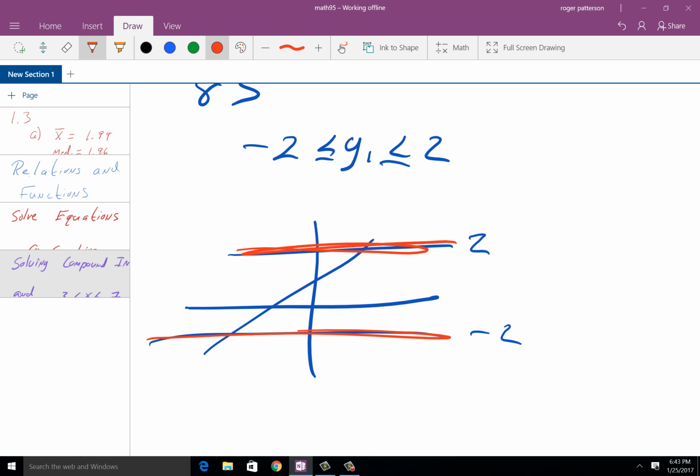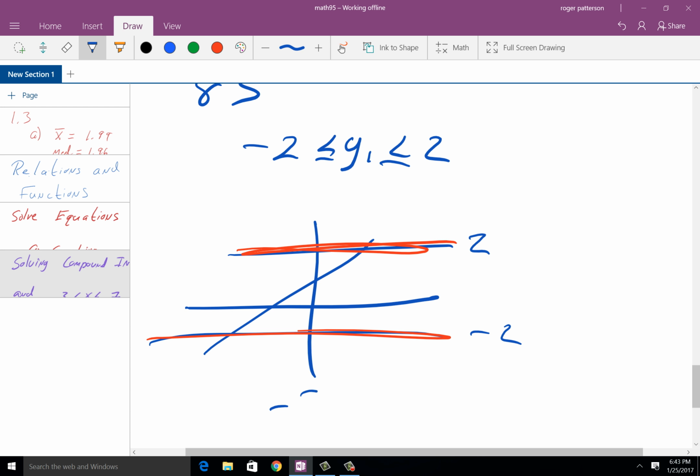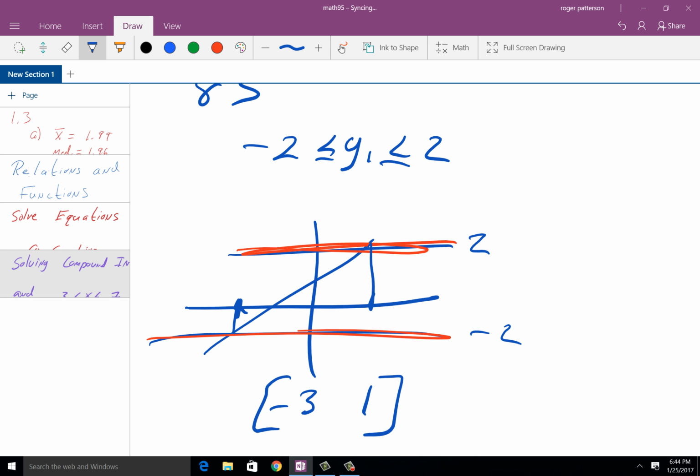Negative 3. Okay, so this is an and problem. We're going to go negative 3 to 1. It's equal to, so bracket, bracket. So we're talking about the numbers between here and here.